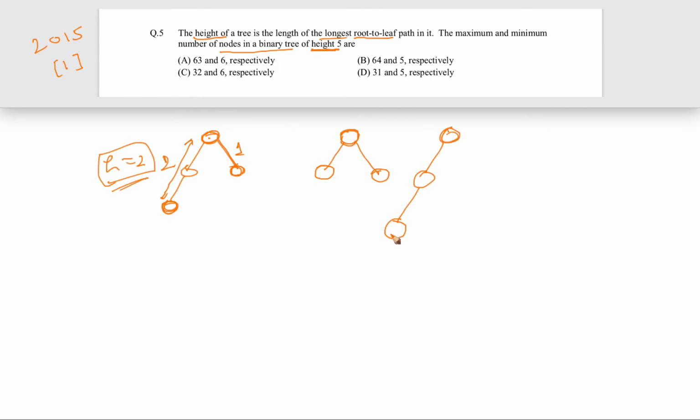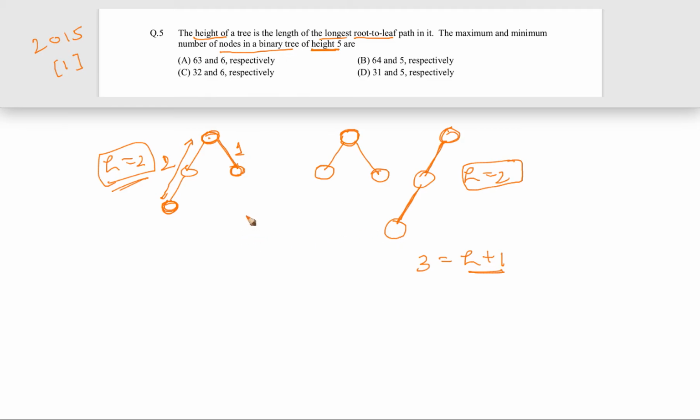From root till leaf, the longest length, which is the only length here, is 2. So here height is equal to 2. If height is equal to 2, the number of nodes here is 3, which is h plus 1.